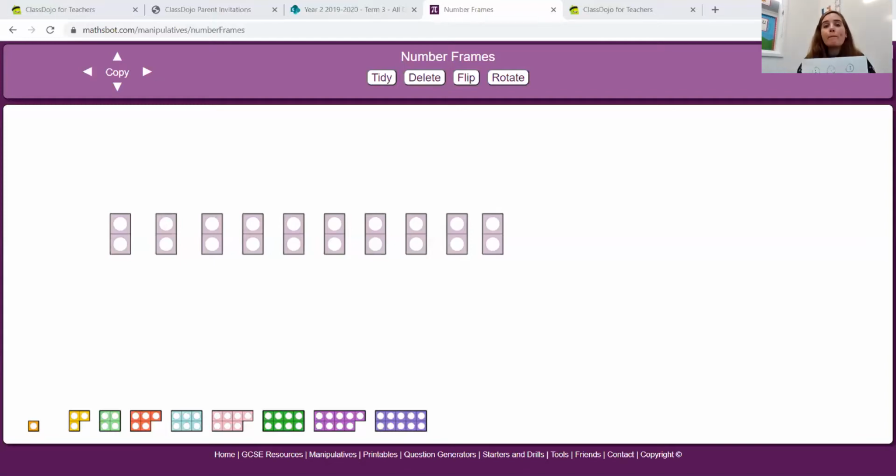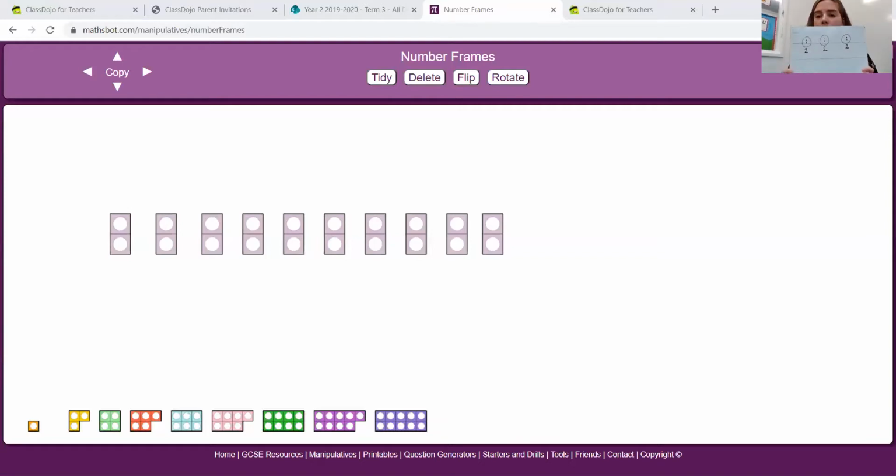And that means we're putting the numbers together, we're bonding the numbers together, and the answer, our whole number, is getting greater. It's getting bigger. Fantastic. So how many have I got in each group? Well, let's start by writing the number underneath.